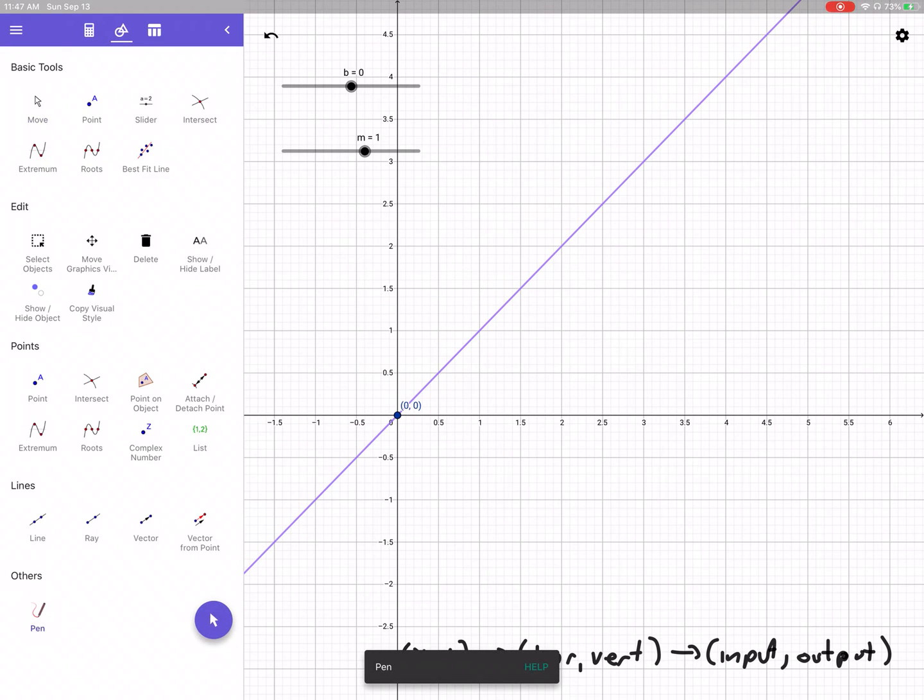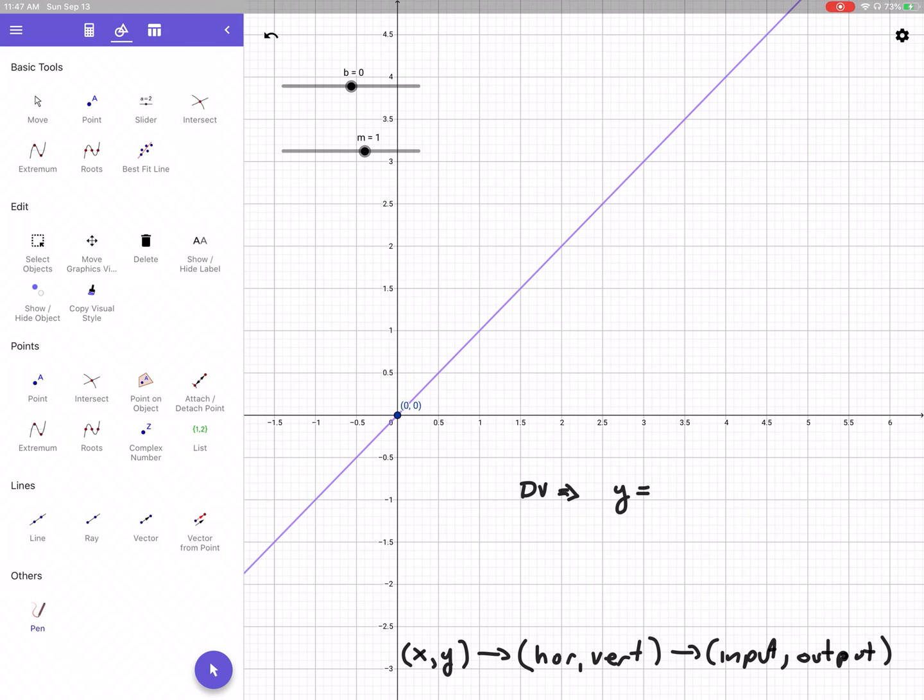Now remember, for direct variation, we had y equaling kx. So the k was a constant of proportionality. If we solved for k, all that means is we're dividing both sides by x, so that says that k is y over x. Oh, that is remarkably similar to m, which we said was delta y over delta x.